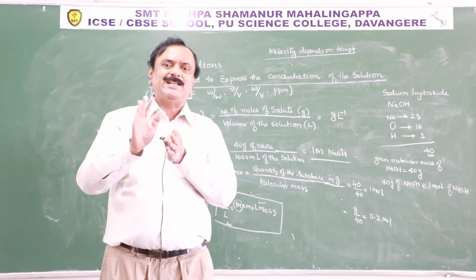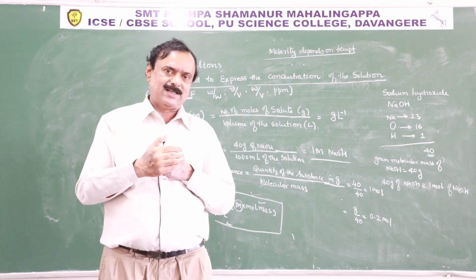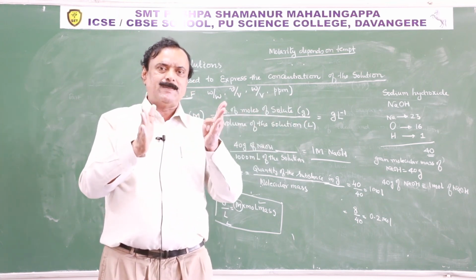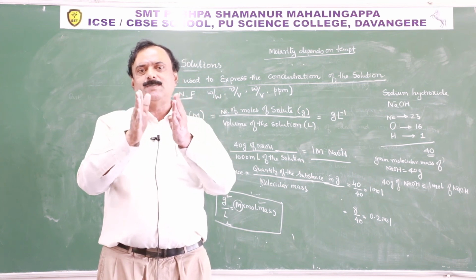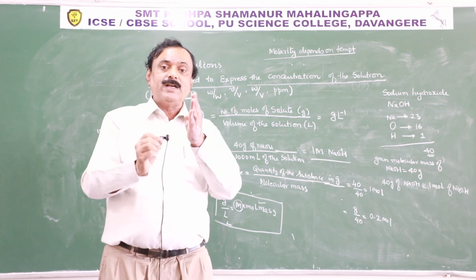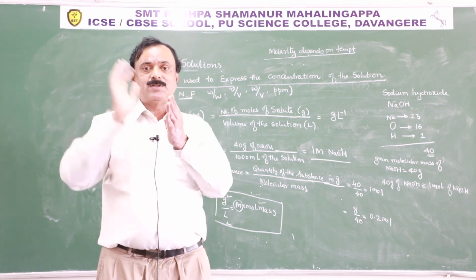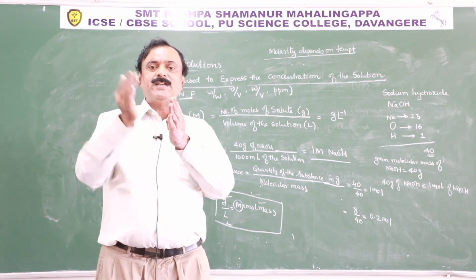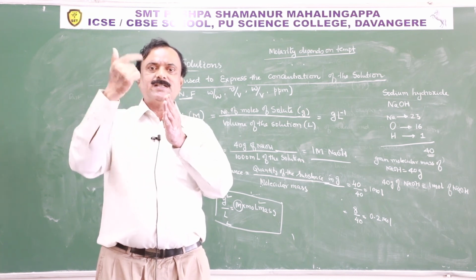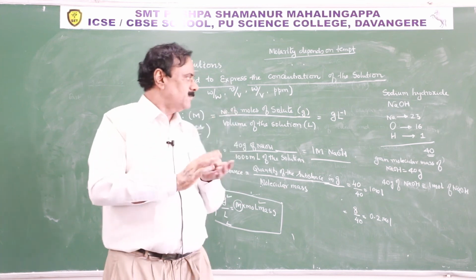When temperature decreases, volume decreases. That you know from Charles' law: at constant pressure, volume is directly proportional to temperature. Therefore, whenever temperature is in the numerator, it is directly proportional, and when temperature is in the denominator, it is inversely proportional. Therefore, it depends upon temperature.